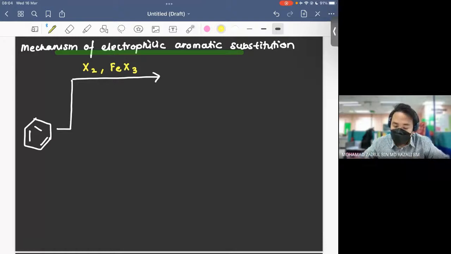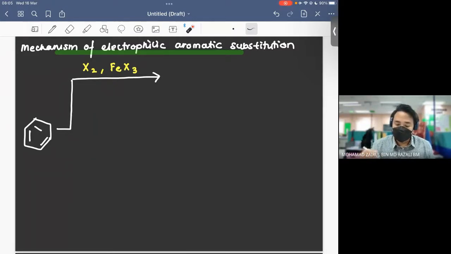So if your halogen ini awak guna Cl2, then your Lewis acid should be FeCl3. If the halogen that you're going to use is Br2, then the Lewis acid is going to be FeBr3. The halogen inside the Lewis acid and also the halogen that you use in the experiment tu mesti sama lah.